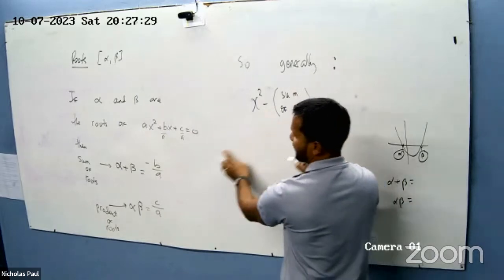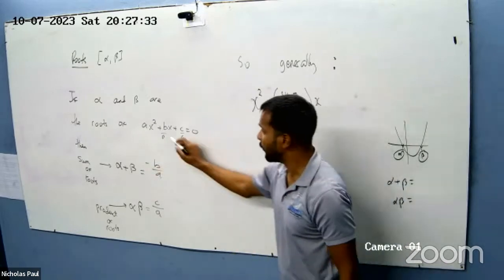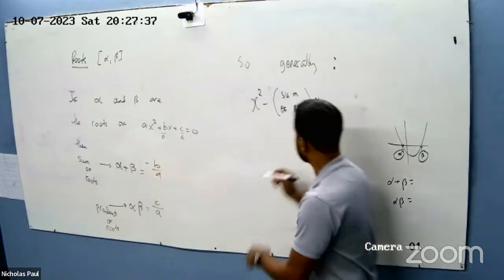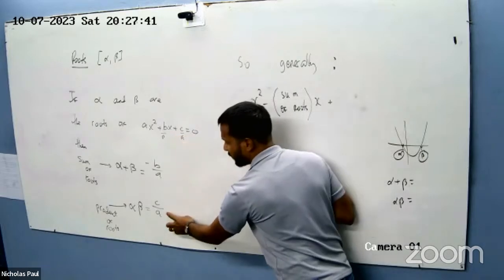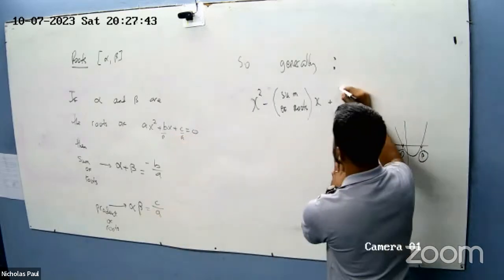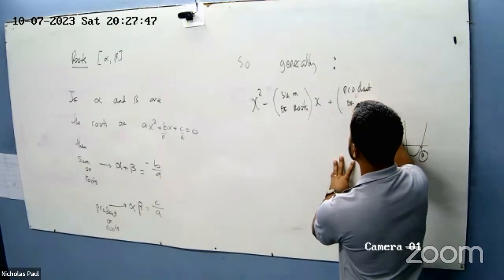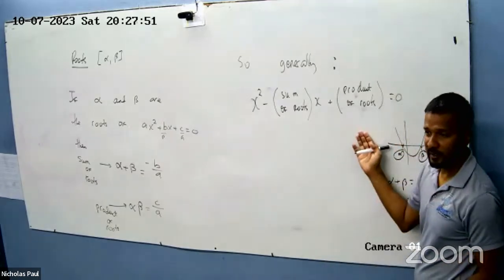Put the minus sign to cater for that. So b on a is really the sum of the roots, plus c on a, which is the product of the roots. So any quadratic can be written like that.